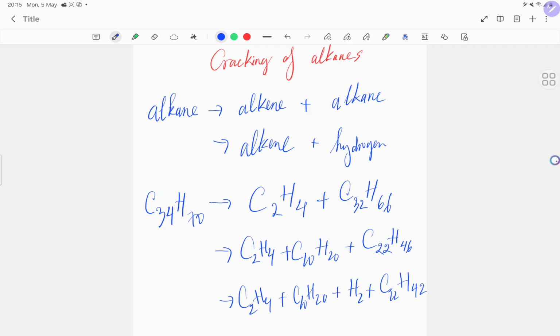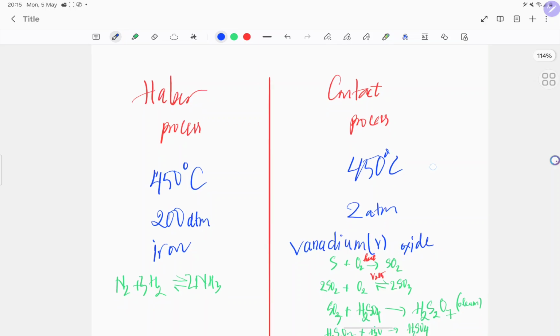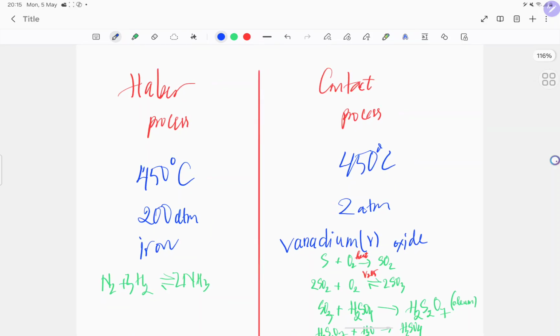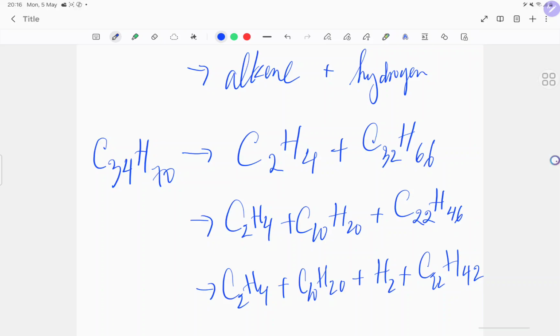You also don't need to know the exact temperature or pressure. Only Haber and the contact process have pressure. So for cracking, the conditions are only catalyst and high temperature.